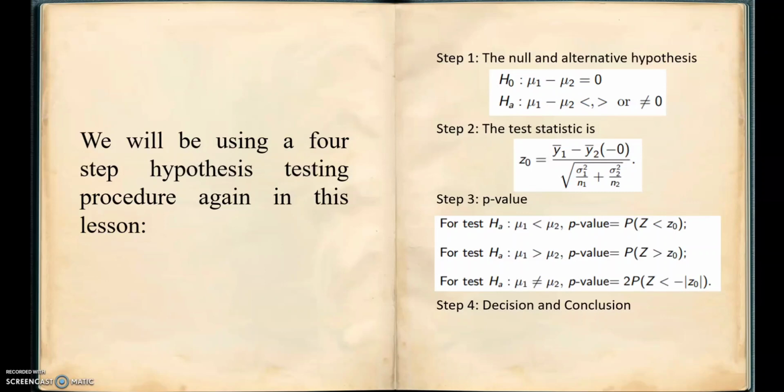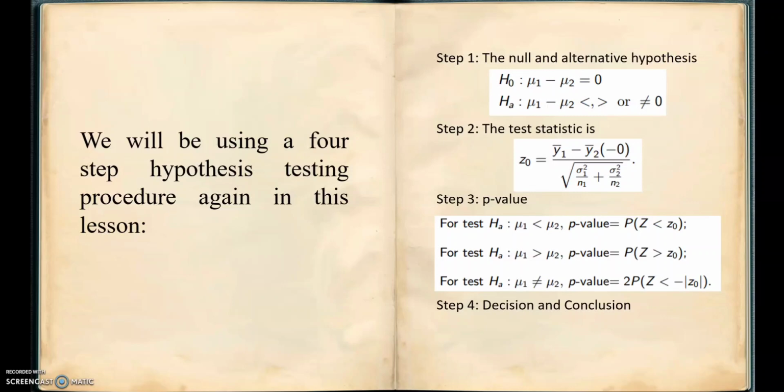And for the last test, mu sub 1 not equal to mu sub 2, the p-value is equal to 2 times the probability of z less than minus the absolute value of z sub 0. And in our last step, we have the decision and conclusion.